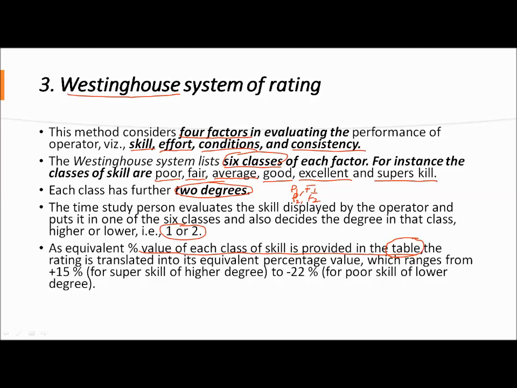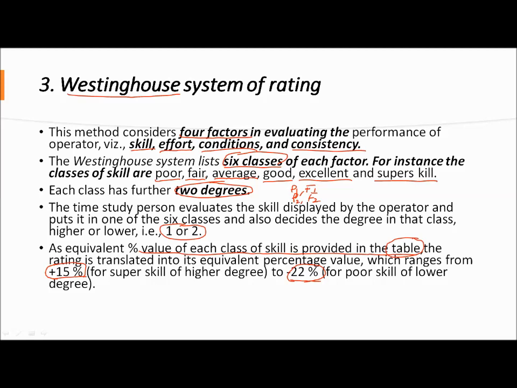There is a standard table, and there is a rating which ranges from plus 15% to minus 22%. So if you have a rating of plus 15%, that means you are having a super skill of higher degree, and if you are having minus 22%, that means you are having a poor skill of lower degree.